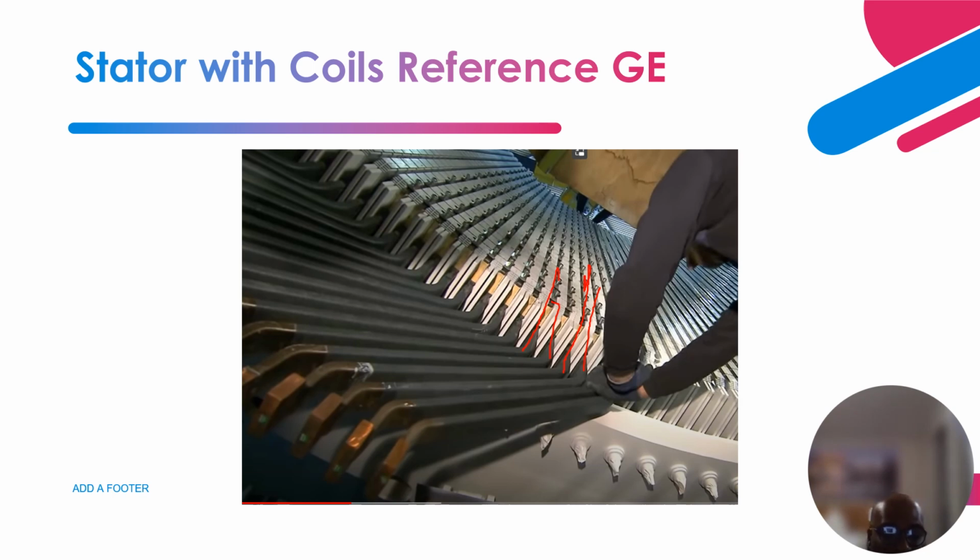The coil comes here, and these are the end plates, mechanical components that keep the core in place. As you can see, it has bolting in place. The coils come out, and groups of coils are connected together to create phase A, phase B, phase C.